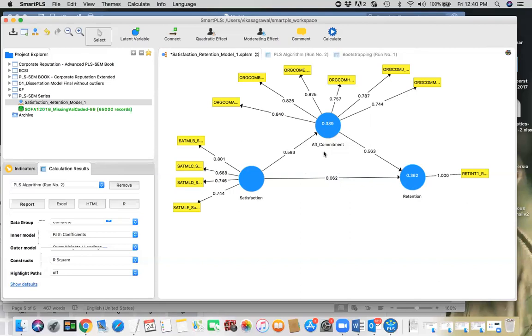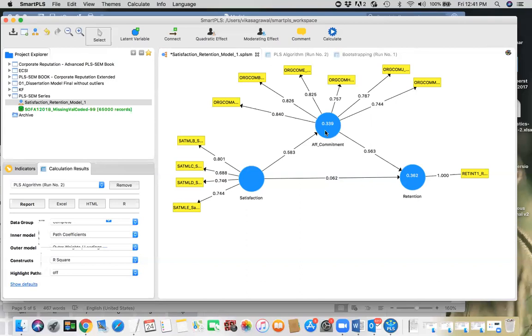If the R square value is greater than 0.25, they're moderate. If it is greater than 0.75, it's a very high effect, and 0.5 is also a cutoff. Greater than 0.5 is also moderate. In between 0.25 and 0.5 is not a so-good effect as such, but still a moderately good effect.